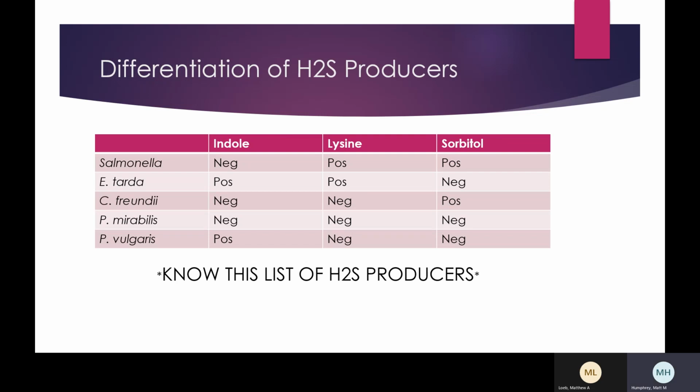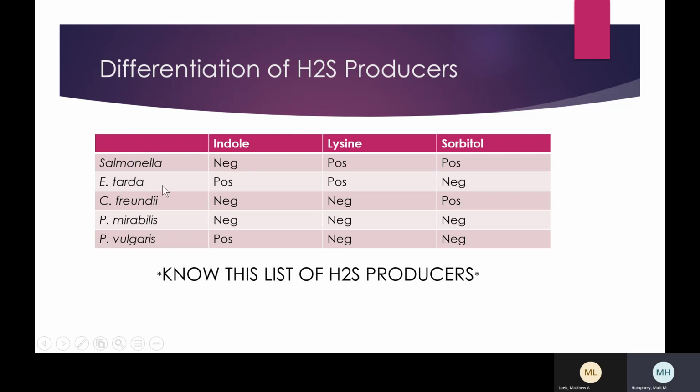But yeah, I would remember this chart right here mostly for the list of H2S producers. Part of this review, I'll do this review with you guys too before the exam, so I can kind of help lead you in a direction. But I will ask you, what are the 5 H2S producers, and I will expect you to tell me these.